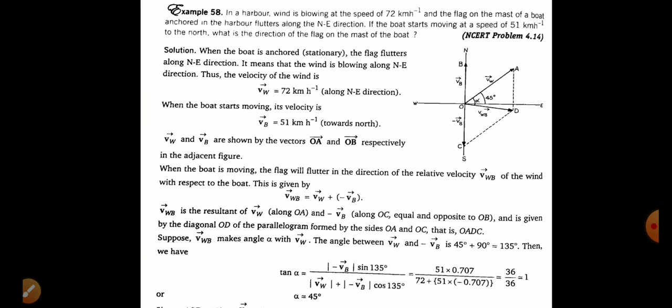If a flag is anchored at the top of a vehicle and the vehicle is moving in a direction, then the direction of fluttering of the flag will be opposite to the motion of the vehicle.